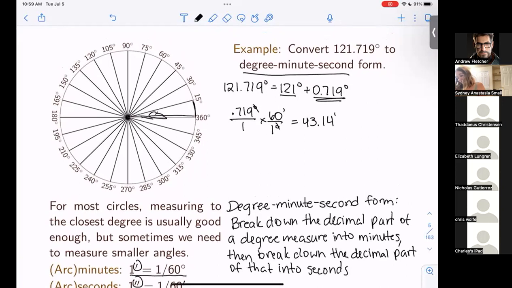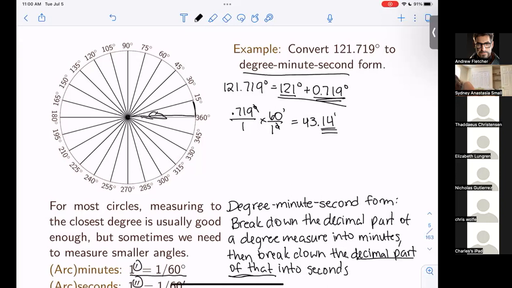So what I need to do is break down the decimal part of the minutes into seconds. So now I just want to focus on this 0.14 here, breaking it up just like we did with the degrees up here. We leave the whole part alone because we know 43 minutes will be a part of our final answer. And we just want to see how many seconds that 0.14 minutes is.